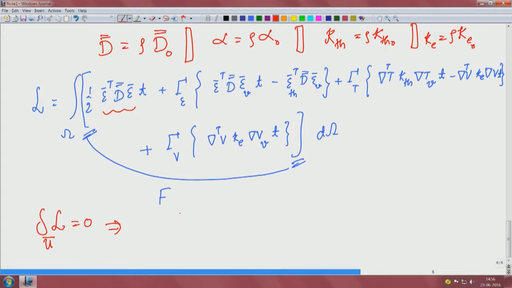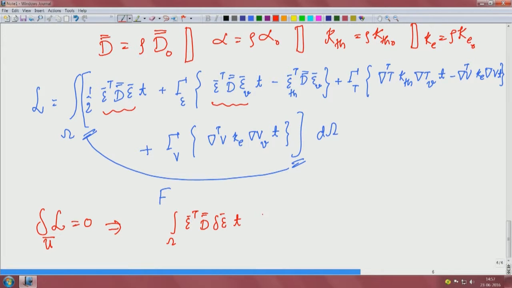When you take variation, I will leave it in the weak form. So, I will get epsilon transpose d del epsilon, and then T, and then here also there is epsilon.